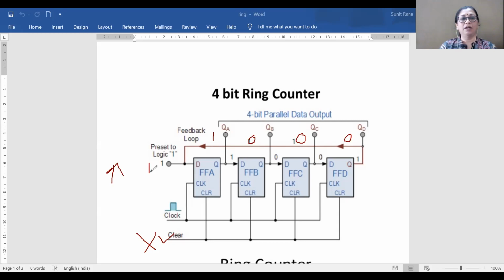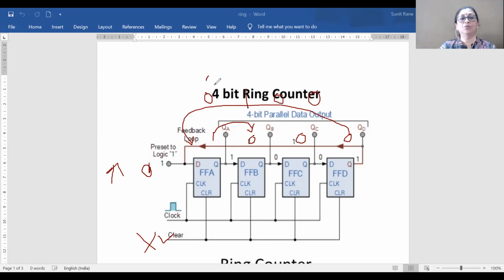Now what happens is this preset is deactivated, and thereafter if you apply a clock pulse, every bit will be shifted towards the right. So this 1 will be shifted here, and this 0 is going to shift into the first position. So the next output will be 0 1 0 0.